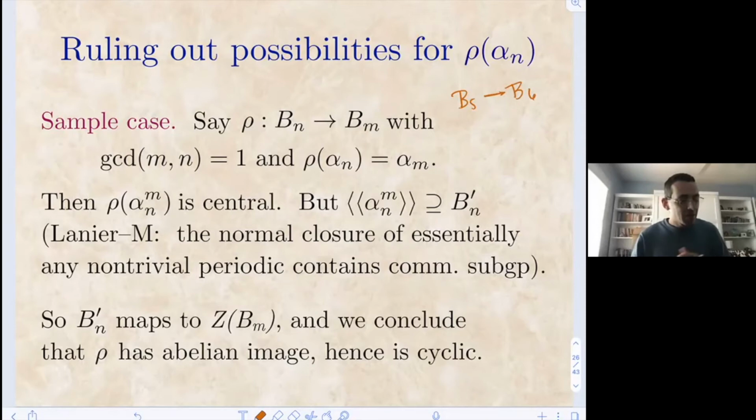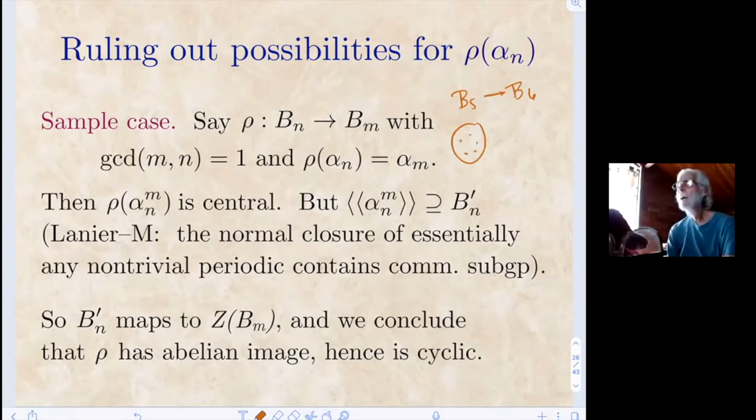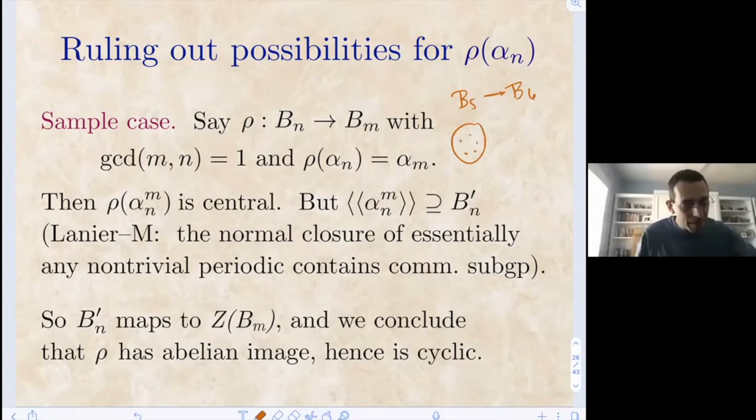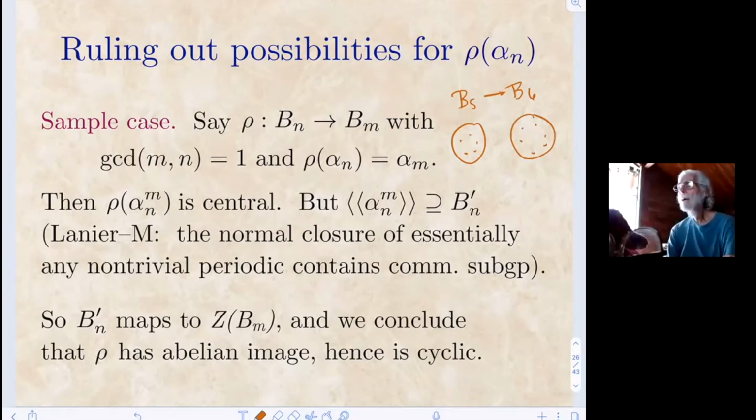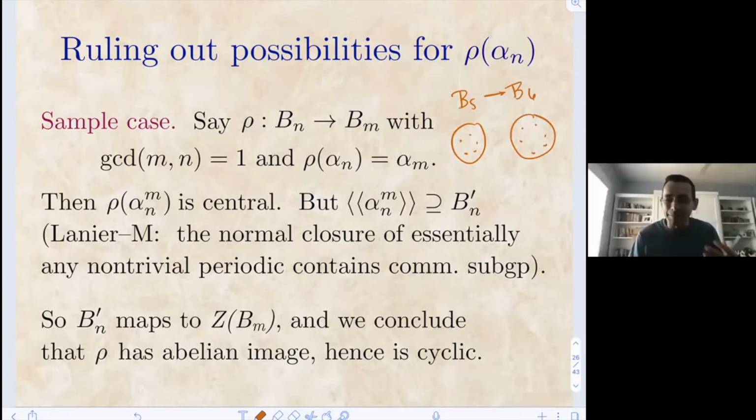Well, then you ask, this rotation of order 5, where can it go? It has nowhere to go. You might hope maybe it'll go to the rotation in B6. Okay, but then there's a simple number theory argument saying that can't happen.